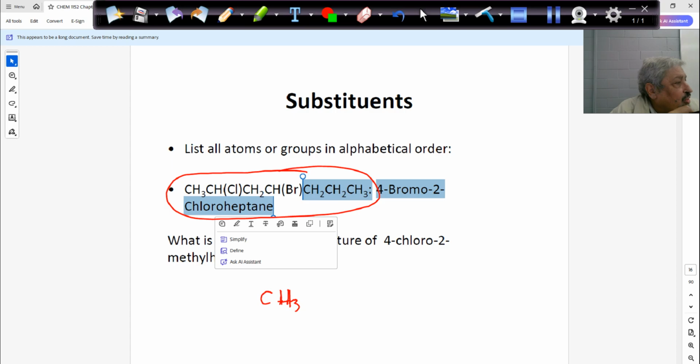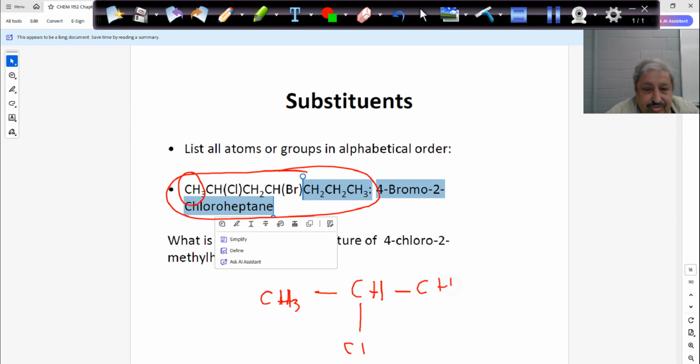In the expanded formula, all the bonds appear to you, and you will know where those substituents or branch groups are attached. So I have a CH3, starting from here, CH, correct? And then I have here Cl, that's all condensed.